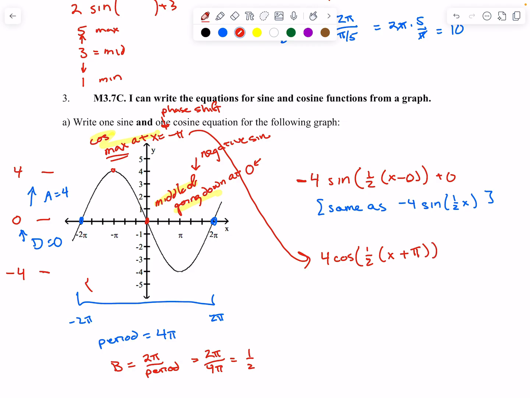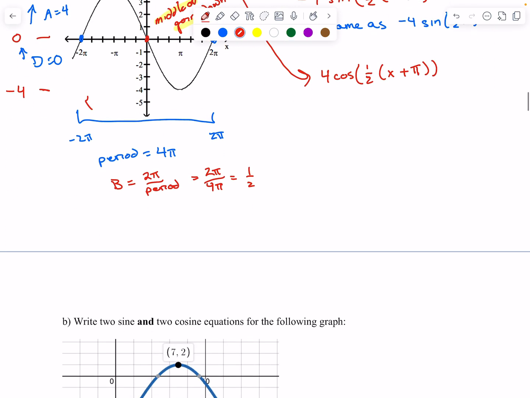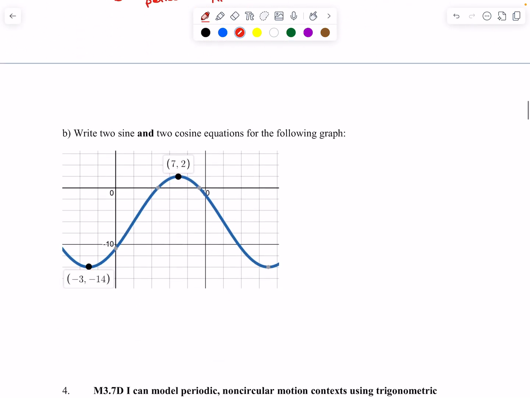And there's still, again, plus 0. D is still 0. All right, let's write some sine and cosines for this. Min, negative cosine. Max, cosine. And this is the phase shift.